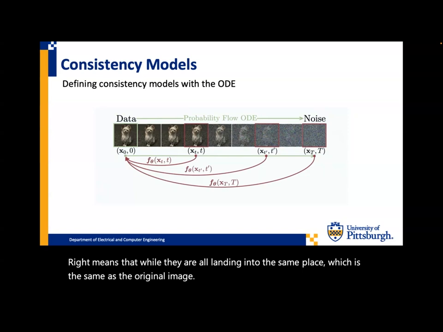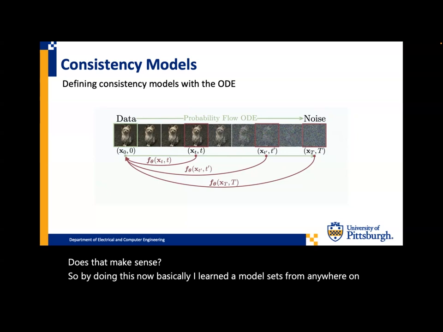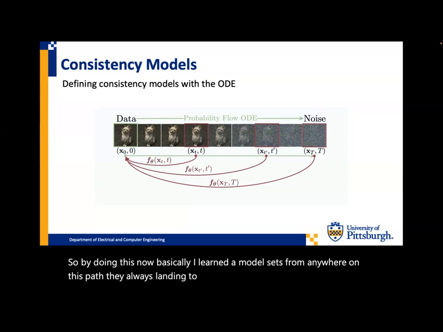In this way, I can enforce that everyone eventually lands on the image. Does that make sense? So by doing this, I learned a model such that from anywhere on this path, they always land on this image. Does that make sense?